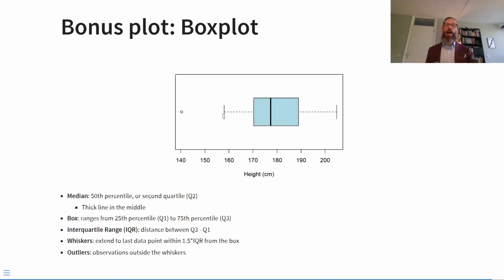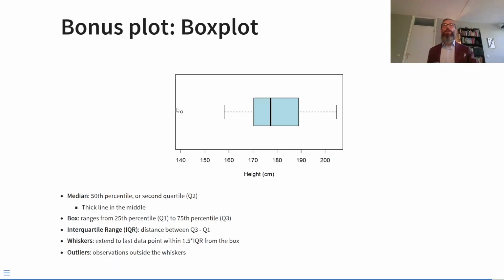And then we have these dashed line whiskers. These whiskers are calculated by taking 1.5 times the interquartile range, which is the distance between Q3 over here and Q1 over here. And then we have this single straggler out here, this one lone dot. Any individual observation that falls outside of 1.5 times the interquartile range is labeled an outlier in a box plot, and it is individually plotted out here.